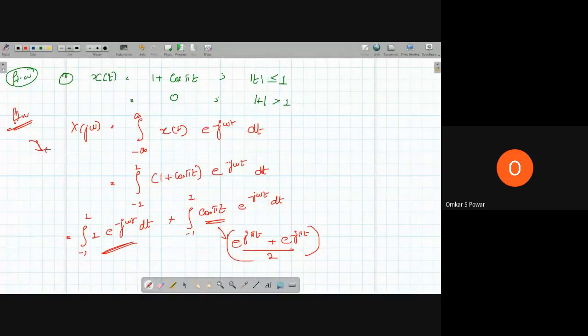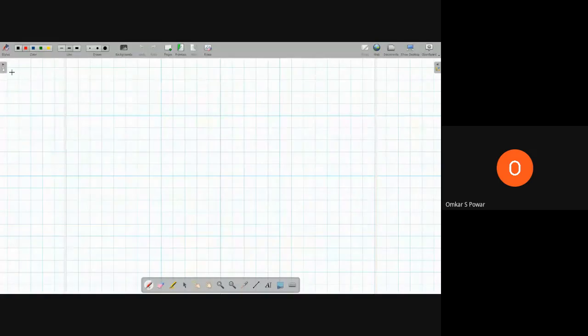Okay. So now, since there are another 2 minutes, I'll give one more problem and we can wrap it up for today. So another homework problem for you. Find the time domain signal for the given Fourier transform. So find the time domain given the frequency domain.